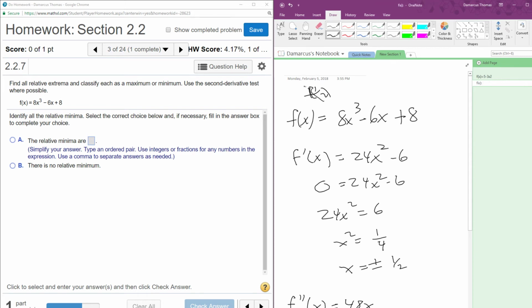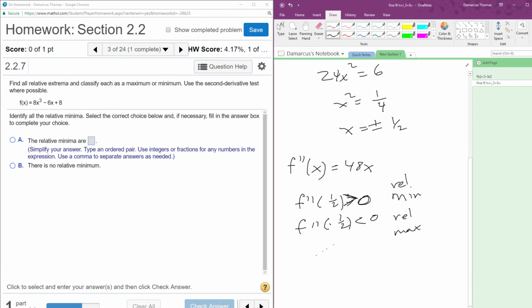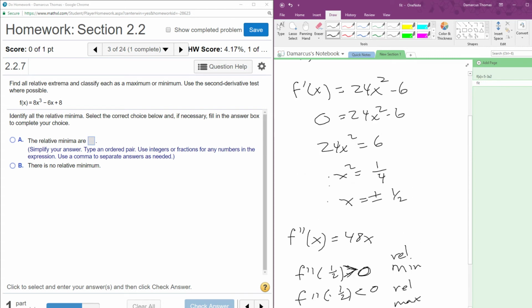And there are ways to do this on your calculator as well. 1/2 cubed is 1/8, and then multiply by 8 is 1, minus half of 6 is minus 3, and then plus 8. And that's negative 2 plus 8 is 6. So at positive 1/2, I have 6. This is a relative extremum.